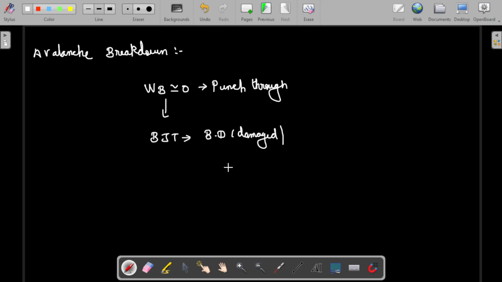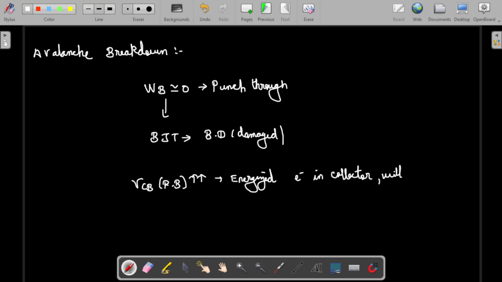So how does avalanche multiplication work? When VCB, the reverse bias, keeps on increasing, energized electrons will be generated in the collector terminal. These energized electrons will hit the other charge carriers.